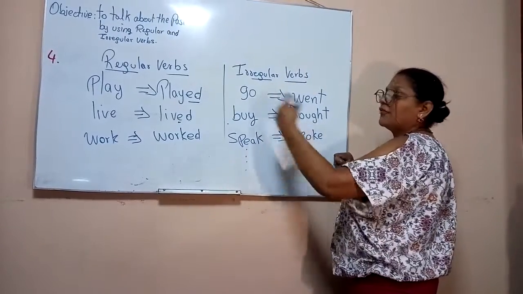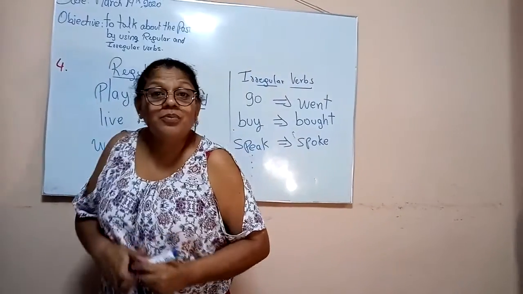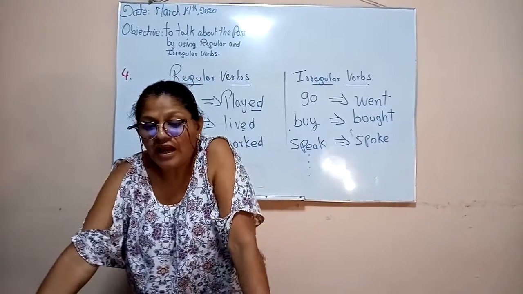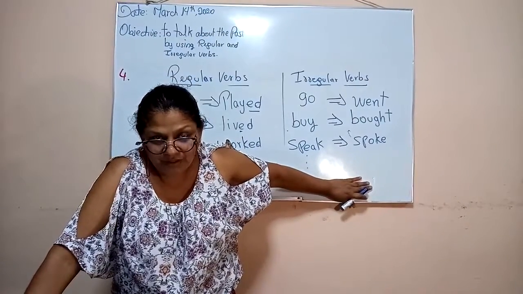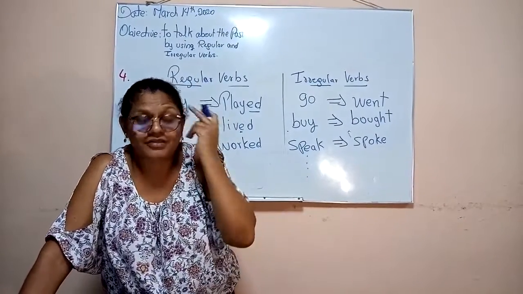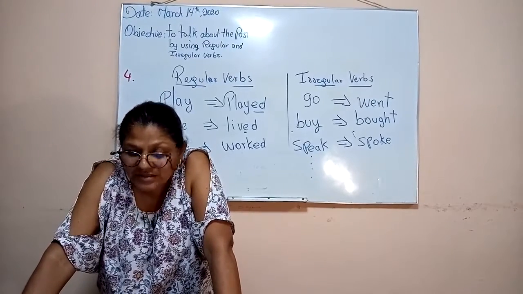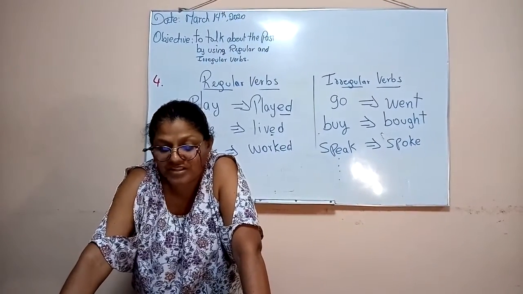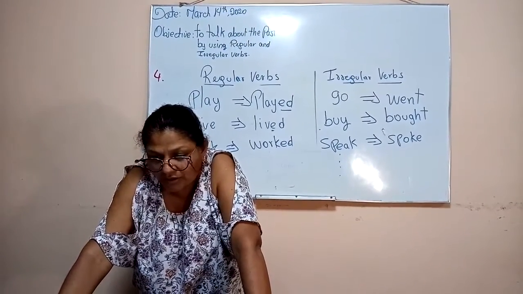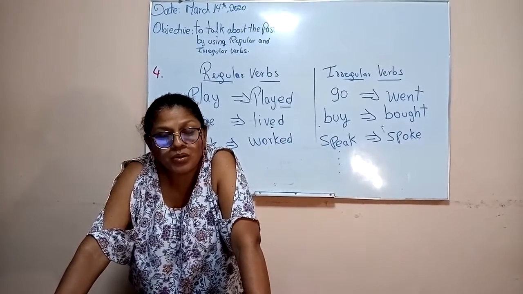On the last page of your book, you will find a long list of irregular verbs, and you have to learn them by heart, right? It includes the verbs that you've got on page number 12.